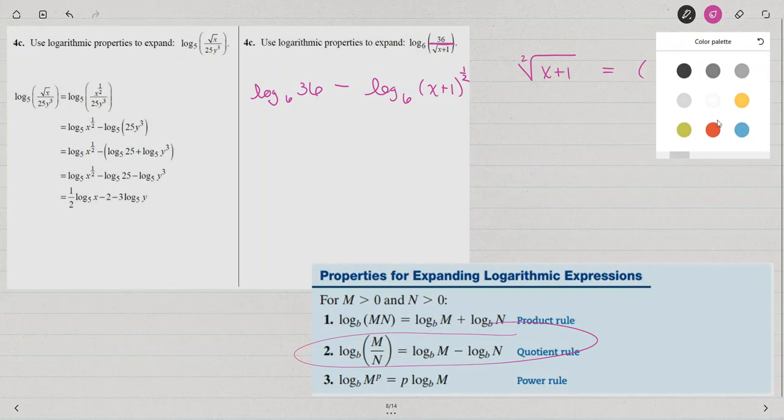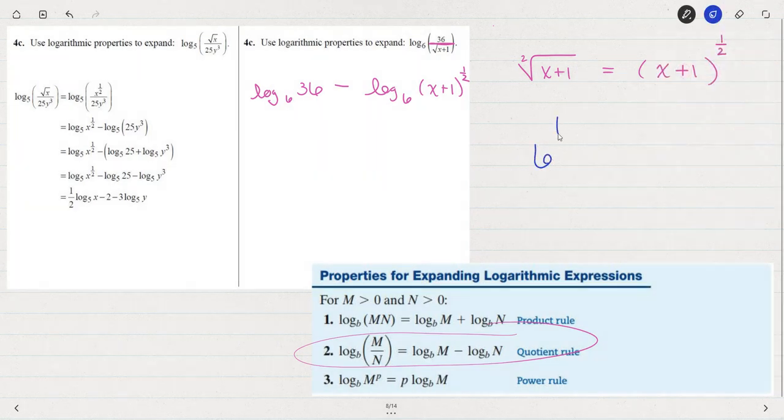What we're doing to simplify that is we're saying, what exponent would I raise 6 to get 36? And that's a basic square, so we should be able to see that it's 6 squared. 6 squared is 36. So log base 6 of 36 is saying, to what exponent would I raise 6, as the base, to equal 36?